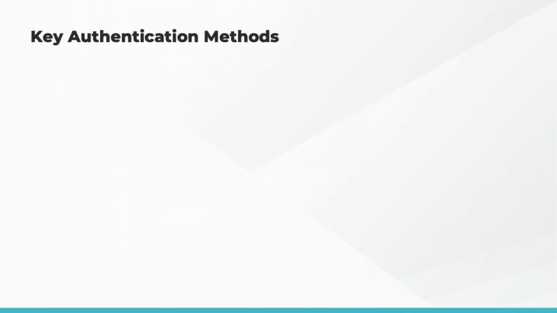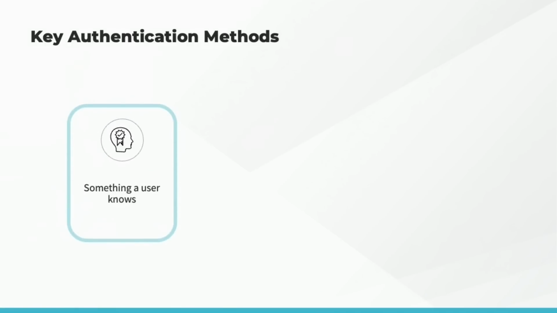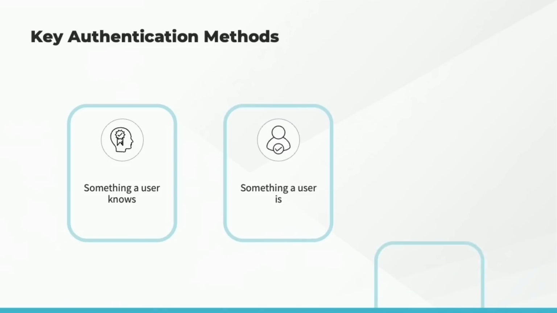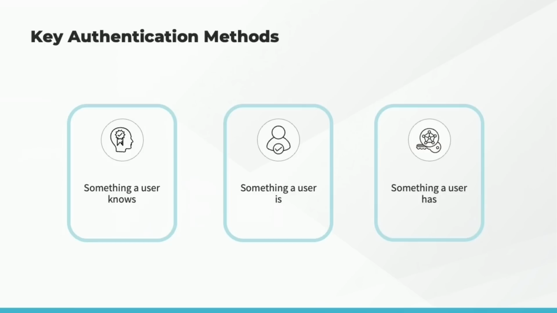So coming back to some of those other acceptable methods, they can be based on three main factors: something a user knows, something a user is, and something a user has. Now, any or all of these can be used in any combination, so you aren't limited to just one factor.